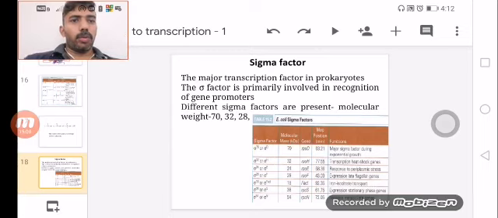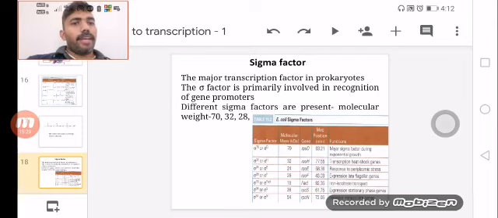These promoters will be identified or recognized by the sigma factors. So the sigma factor is important to recognize the promoter, followed by gene expression. Without recognizing the promoter, no gene expression will be done in a system. So it's important.